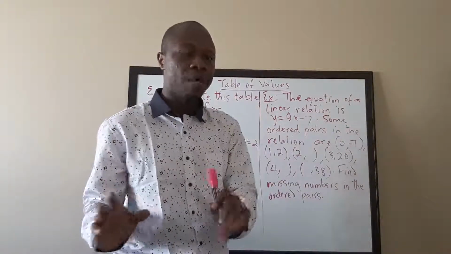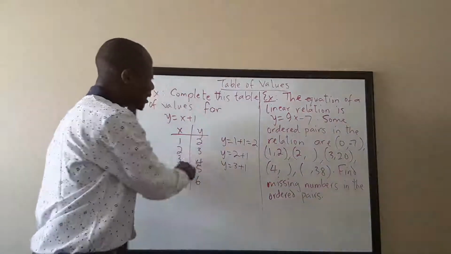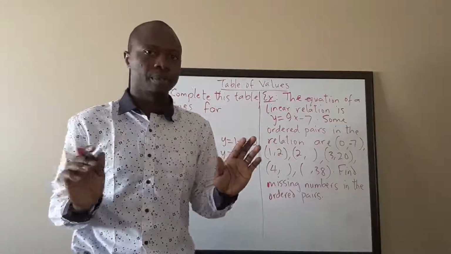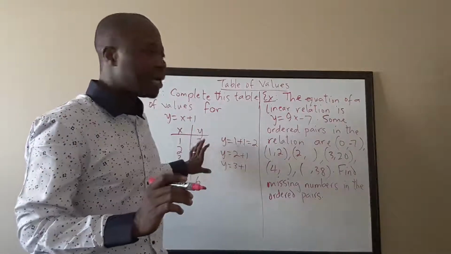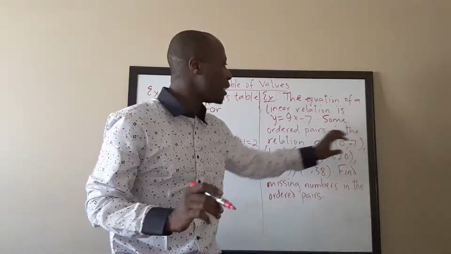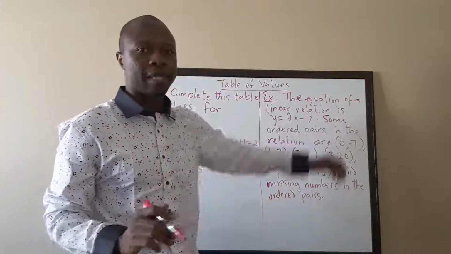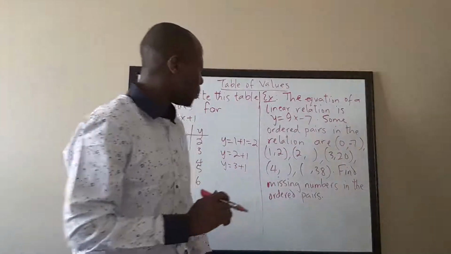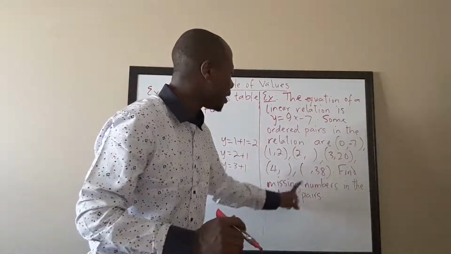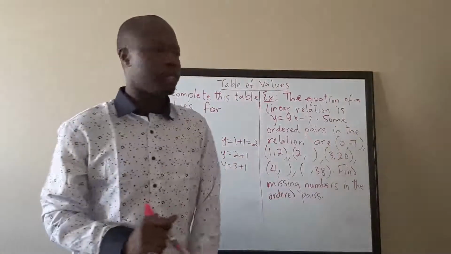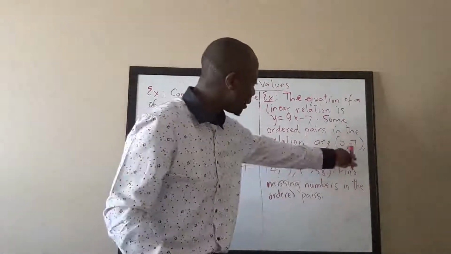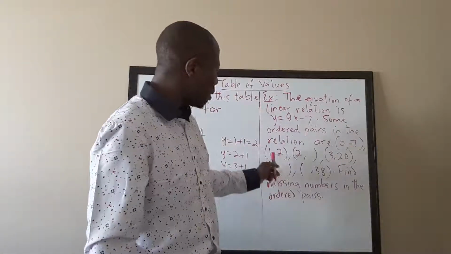The difference now is that we did not make a table, which is fine. Instead, we just combined all the ordered pairs together. So, find the missing numbers in the ordered pairs. So this one is complete, complete, complete.